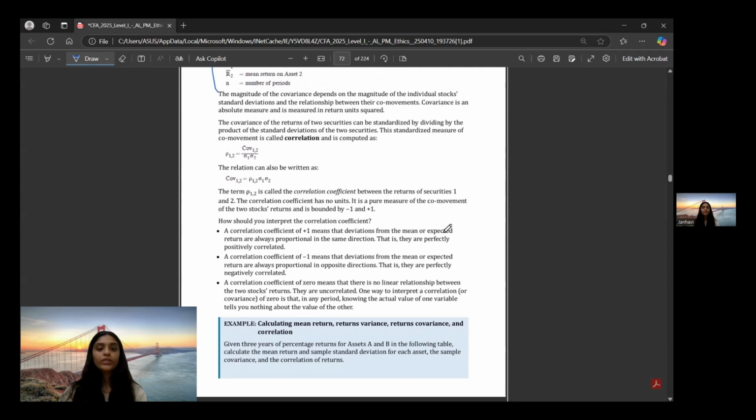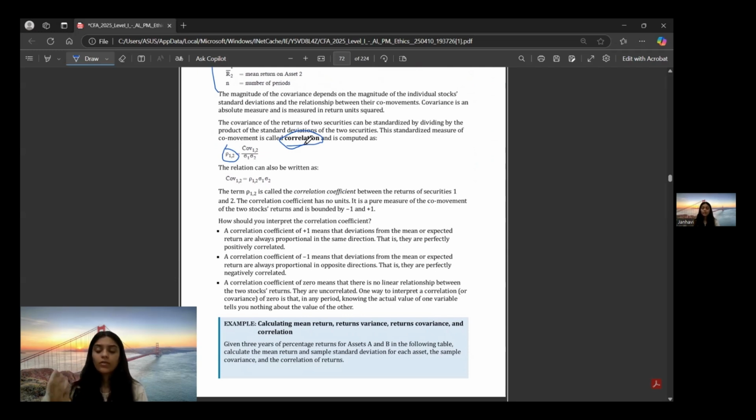Let's move forward. Now, as I had told you guys, this ρ means correlation between the two assets. So how to analyze a correlation between two assets? It is the same as covariance.